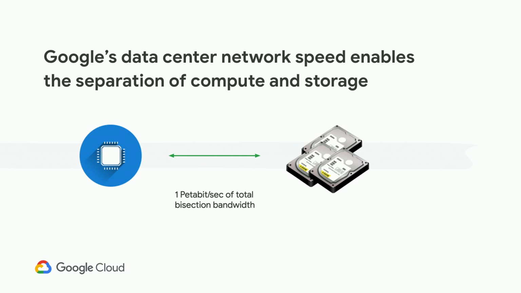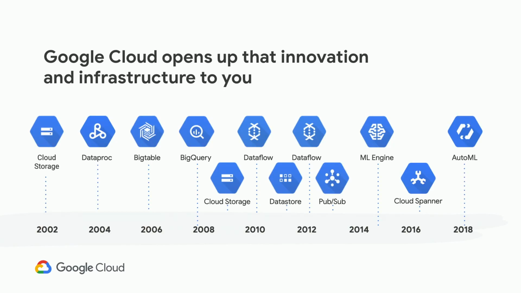So you separate, and the reason we can separate now is because we have a bisection bandwidth network within our region, with our data centers. And then we open up all the innovation and infrastructure for you, and these are nice because we spent a lot of time and have a lot of researchers making this technology available.